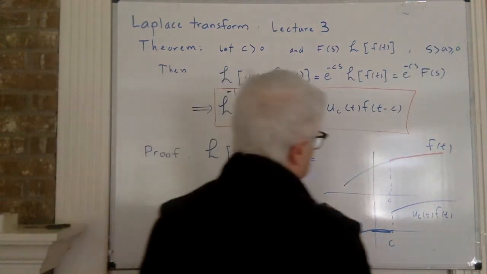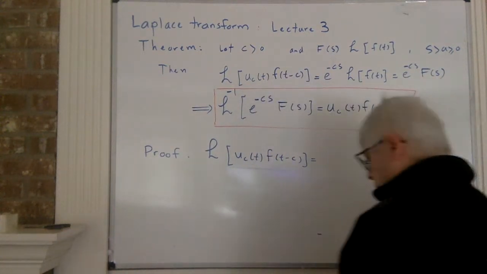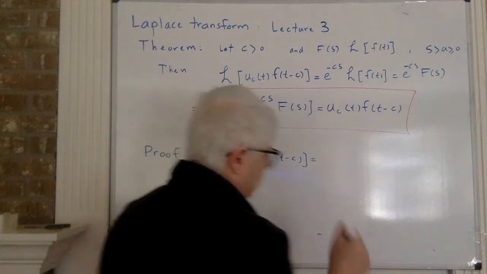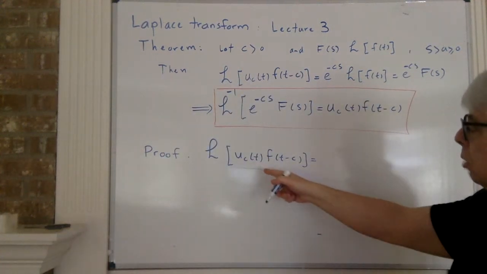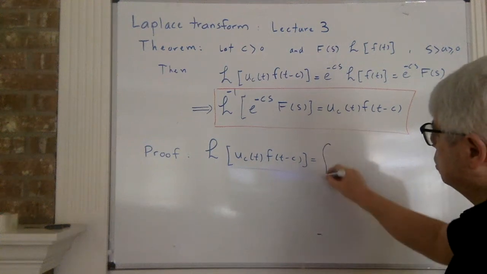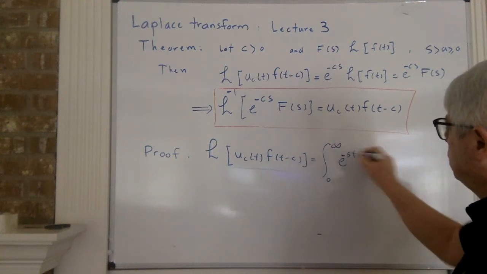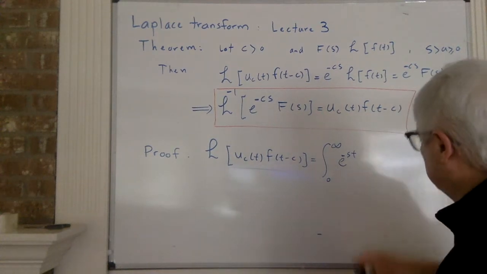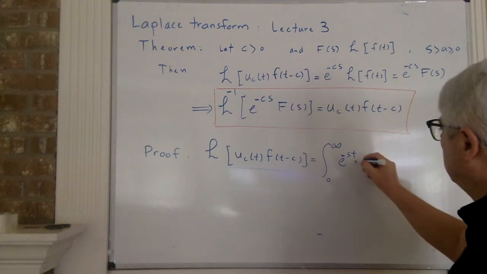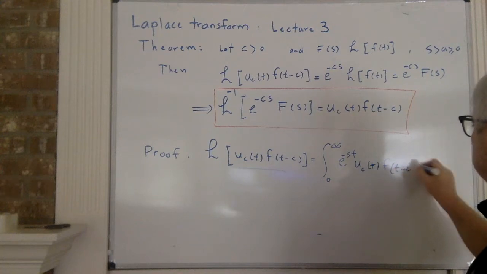So let me start. Laplace transform of this function is the integral from 0 to infinity of e to the power minus st, u_c(t) f(t minus c) dt.